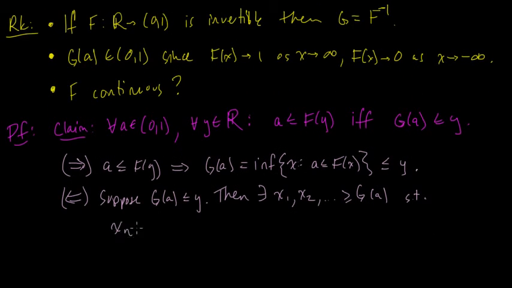These points converge to g of a. And furthermore, because they're points in this set, they all satisfy this property: a is less or equal to f of xn for all n. So the definition of the infimum and the fact that the set is non-empty guarantees that we can choose such a sequence.